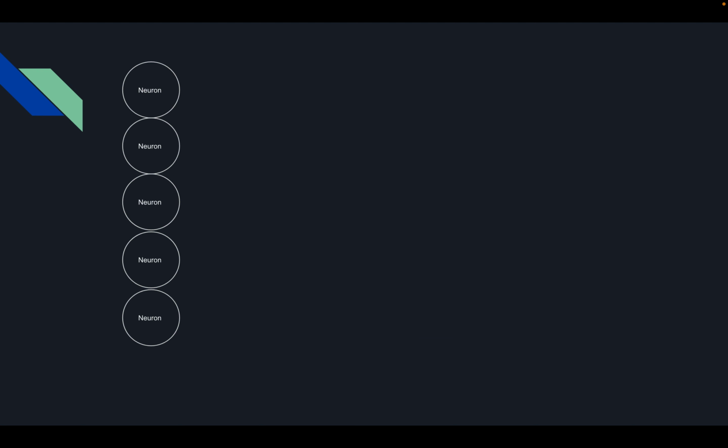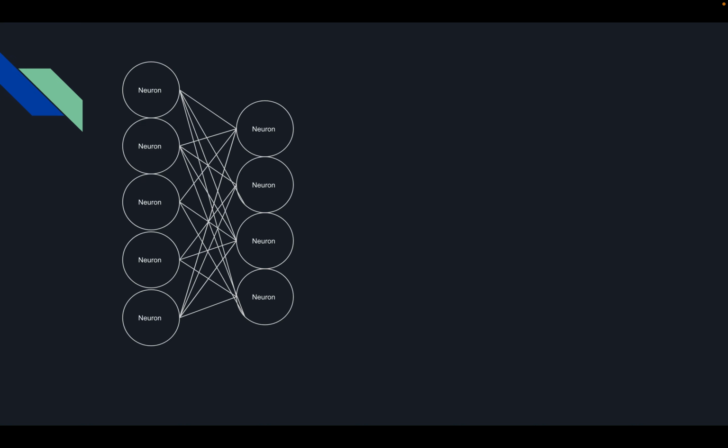But here we're just going to focus on the concept: what is a neural network? I can show you there are different neurons. Each of them is a cell, and each cell has a next level.